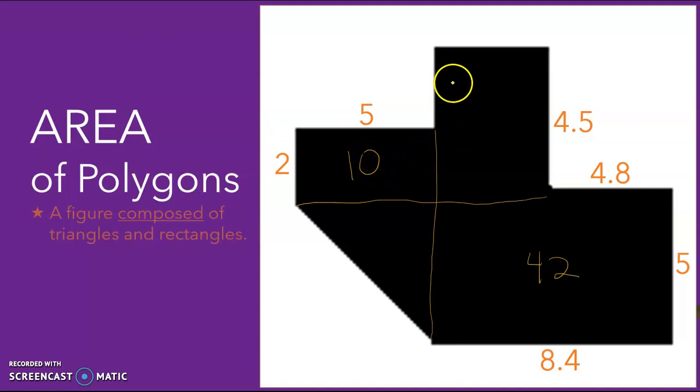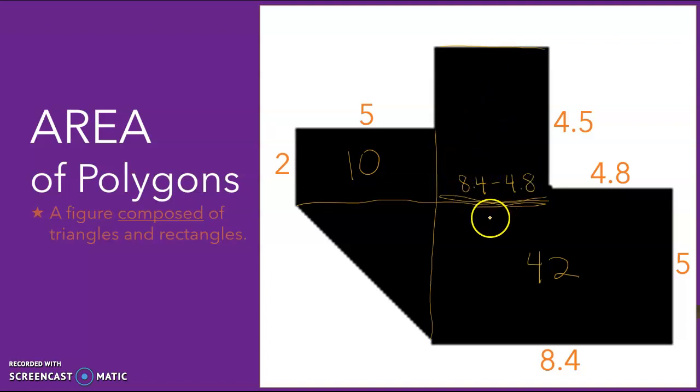We don't know the horizontal length of the vertical rectangle, but we can figure that out. Since the horizontal length is part of the horizontal length of the biggest rectangle, we can figure out the missing length by subtracting 8.4 and 4.8.